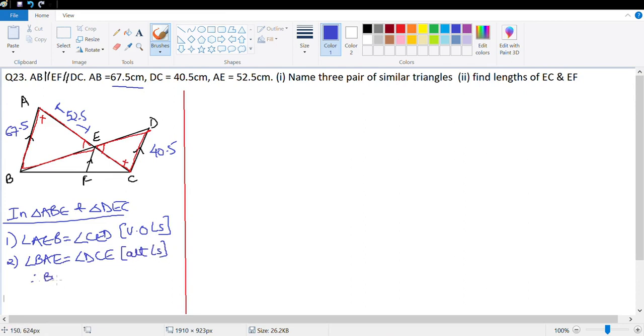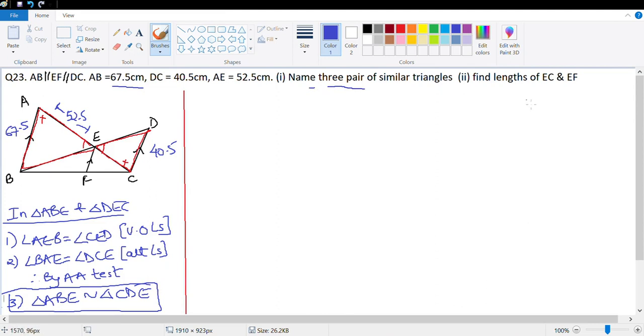Therefore, by AA test, triangle ABE is similar to triangle DEC, with A equal to C, B to D, and E to E. So this is my correspondence. This gives me my first pair of similar triangles. So they wanted three pairs, one done.